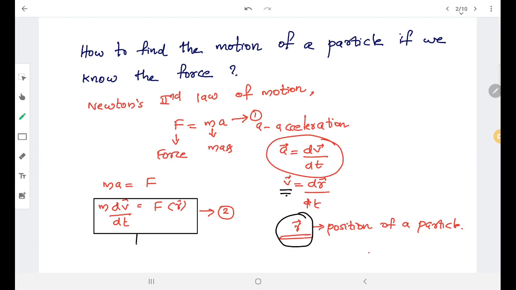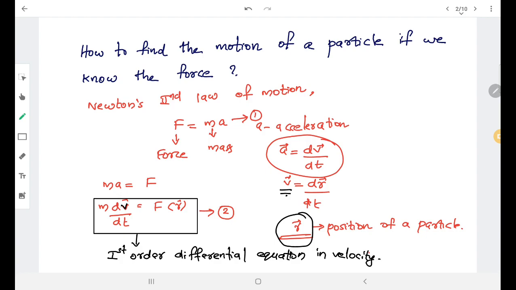So equation number 2 can be represented as a first order differential equation in velocity. You all know about differential equations as you learned in mathematics. First order differential equation in velocity, because I expressed this equation in terms of v.